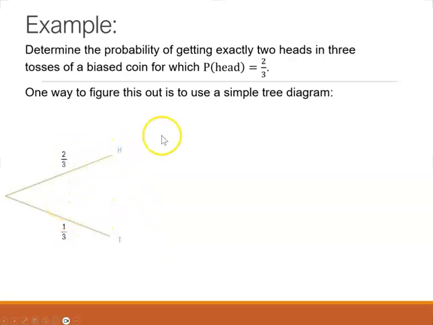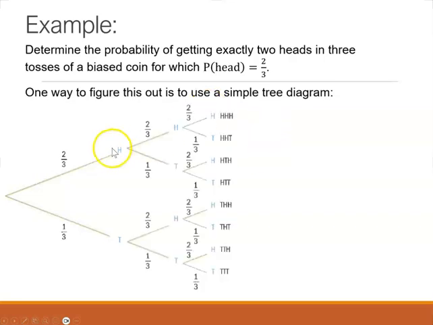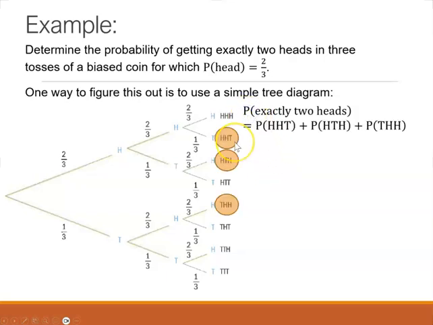We draw 2 more branchings for the second and third tosses. Then I collect the possible outcomes and identify which ones have exactly 2 heads. These 3 outcomes have exactly 2 heads.